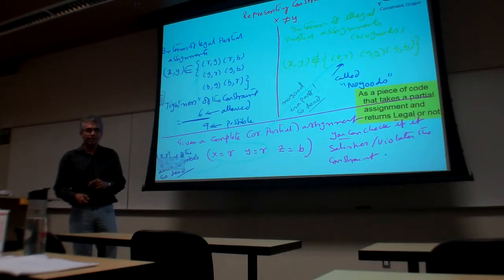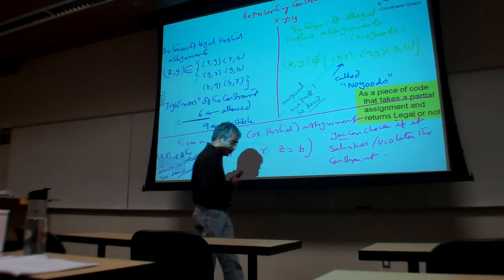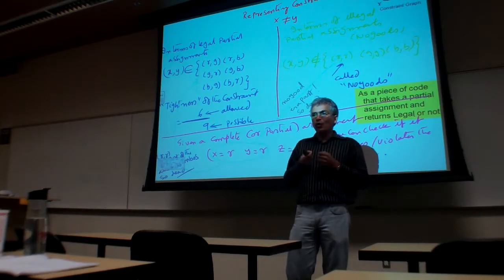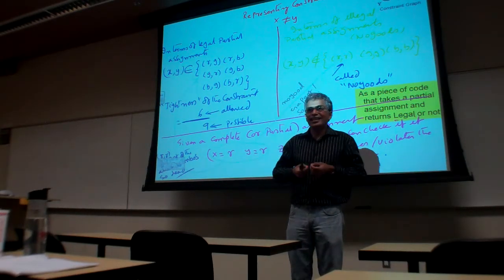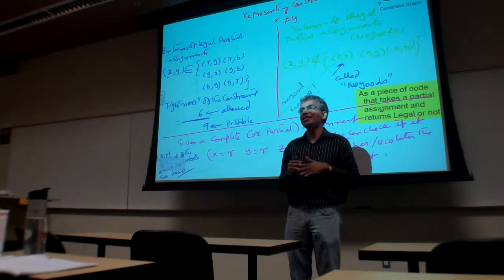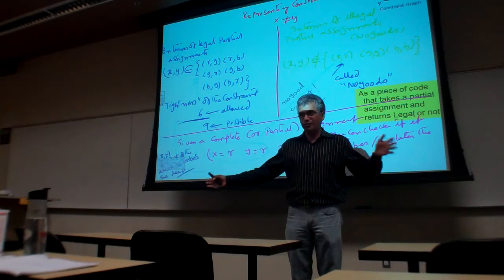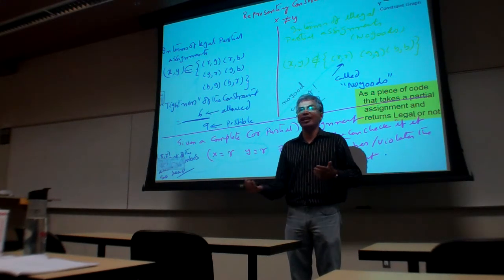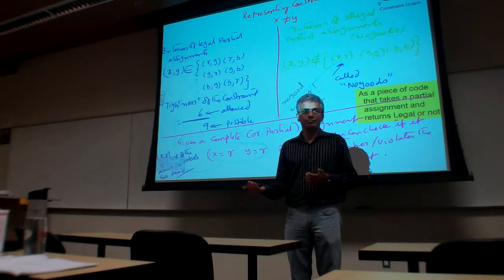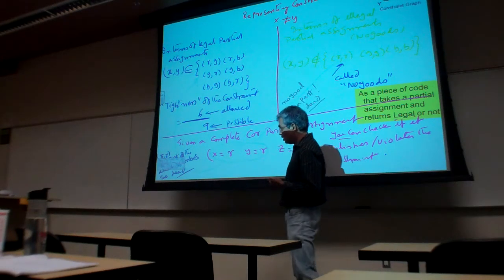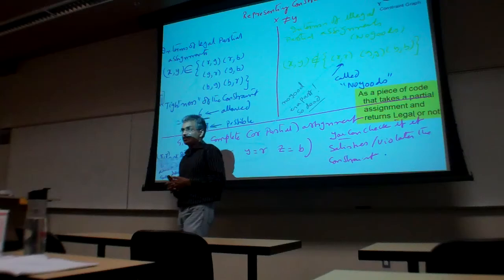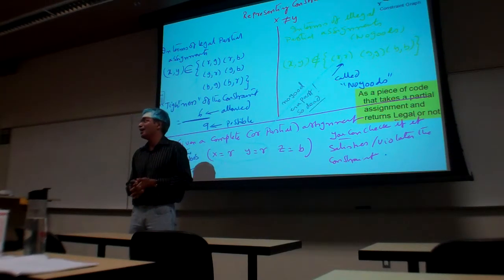In fact the nice thing about no goods is if you wind up having at least one of the no goods as part of your current partial assignment, then you're dead. Another thing is during search, if a partial assignment is dead, it will never become undead.